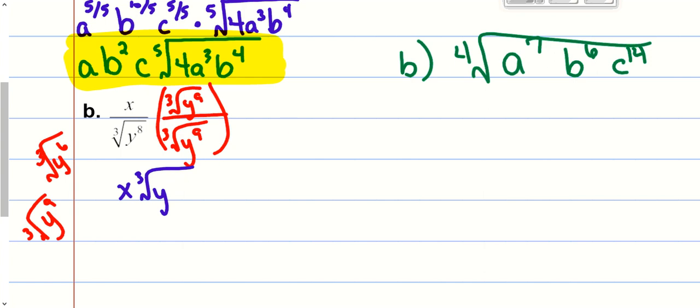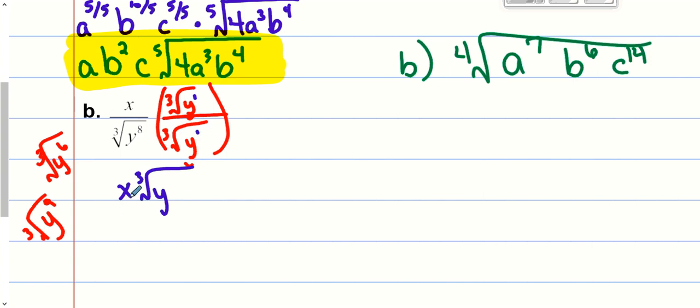Hang on just a second. I wrote that wrong. I'm thinking 9 total, so that should have been, I apologize for my mistake. That should have been the cube root of y that I'm multiplying by. So I get a total of 9 whenever I'm done. So I'm just multiplying the top and the bottom by the cube root of y. And if you need an exponent, that would be y to the first power.